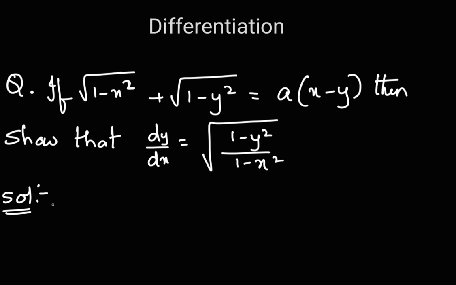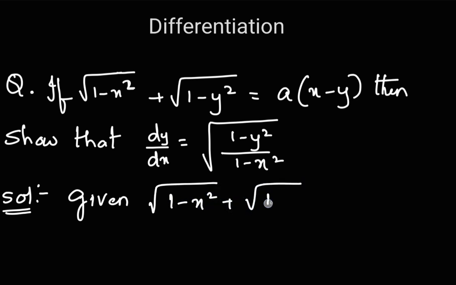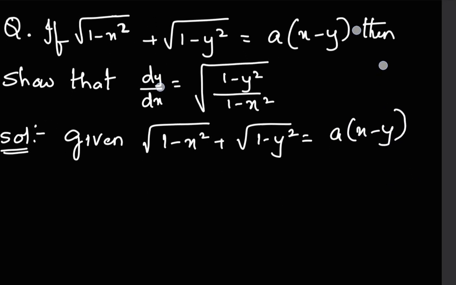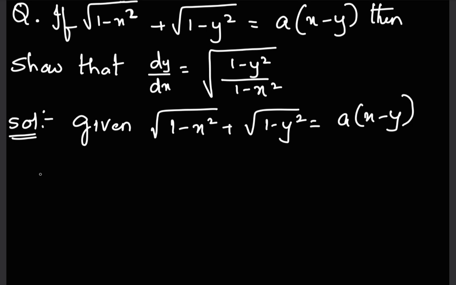So what he has given over here, given under root of 1 minus x square plus under root of 1 minus y square is equals to a into x minus y. This is the given part. So here we will start with the substitution. Let x is equals to sine alpha.